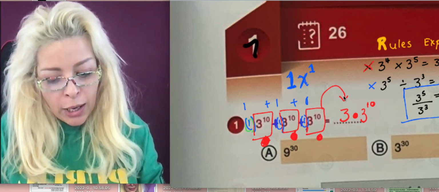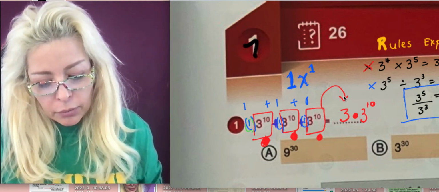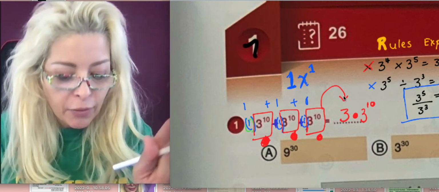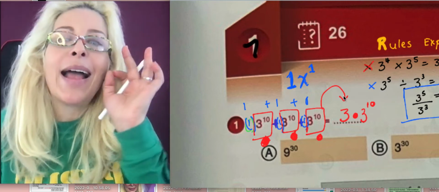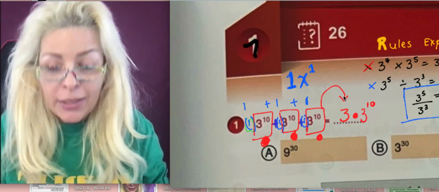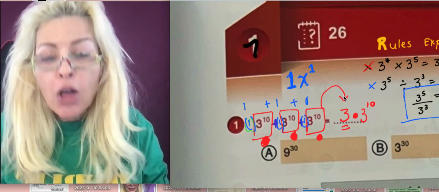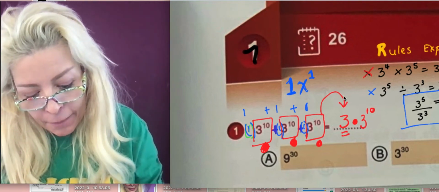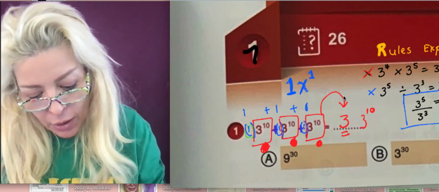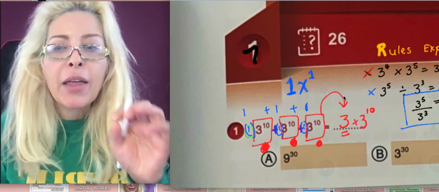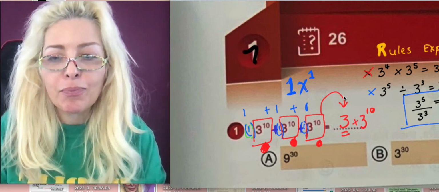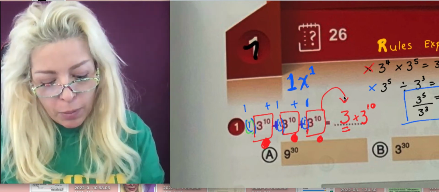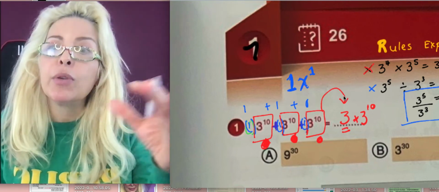And we are adding them. We are not multiplying and we are not dividing. So because we are adding, we say 1, 2, 3. This is 3. 3 what? 3 multiplied. This is a multiplication. Multiplied by the 3 to the power of 10s. Because we have 3 to the power of 10 3 times. So we multiply it to show that we have it 3 times.